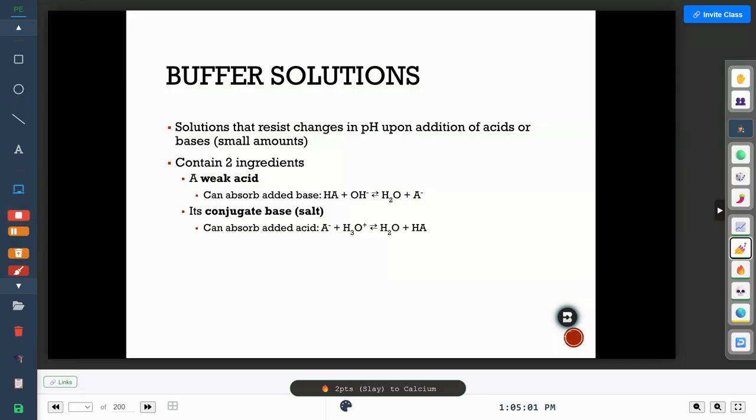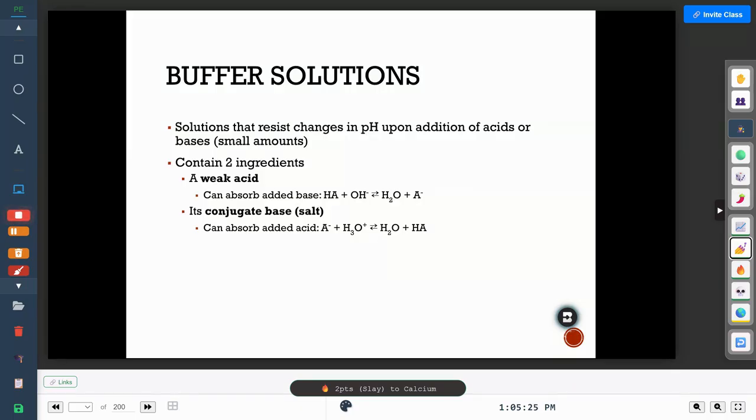Okay, now obviously if you add a bunch of acid or a bunch of base, you're going to change your solution. You can't completely stop something. But if I have small little changes, those small changes are going to be giving us no or very little changes in our pH. Now your buffers are made up of two components, right?